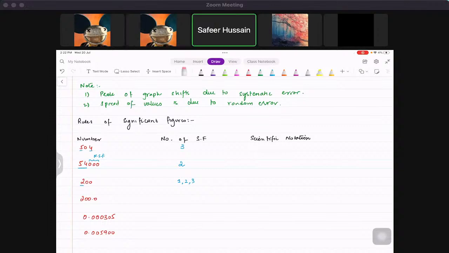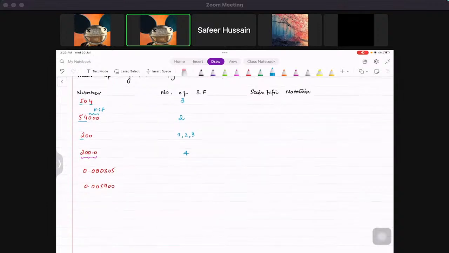Yes. Now in case there is a point already there, the whole thing will become significant. If there is a point 0 at the end, it means that all these numbers matter because it's showing you the precision. Is it clear? Okay. Now if it is 0.000, then after the point all the zeros are non-significant, which means only these are significant.